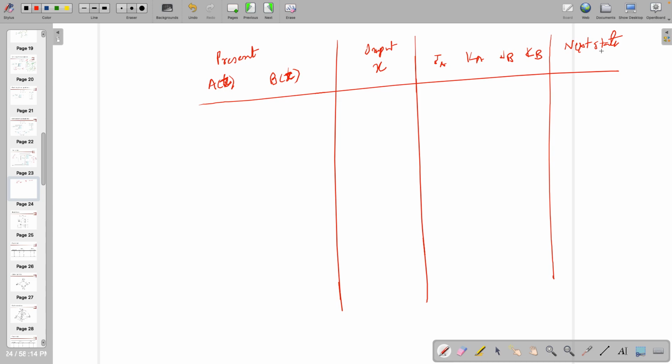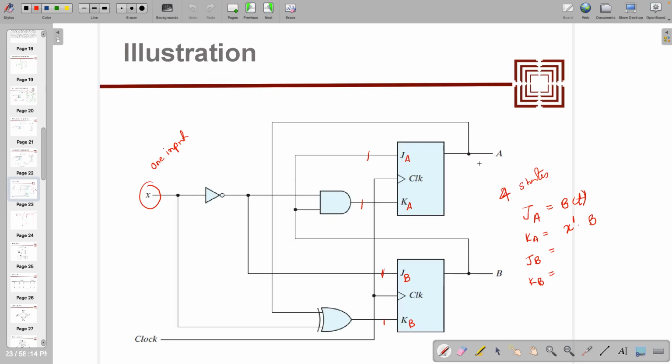No, this is fine. So, how to find out the next state? Because that is what you require, right? Here the next state is not known to me. Why do you think the next state is not available, by the way? Do you understand this? We will not directly get the next state. Why not?